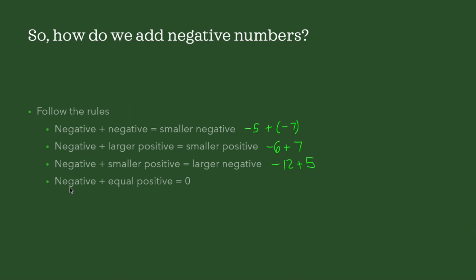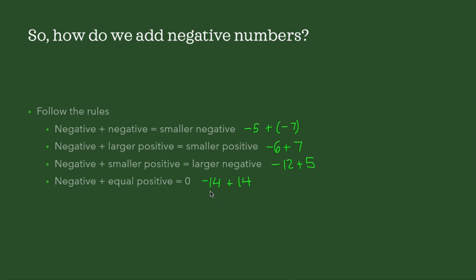And this one, a negative plus an equal positive is equal to 0. An example of this would be negative 14 plus 14. Well, if we ignore the negative sign, 14 and 14 are equal to each other. They're not larger or smaller than each other.